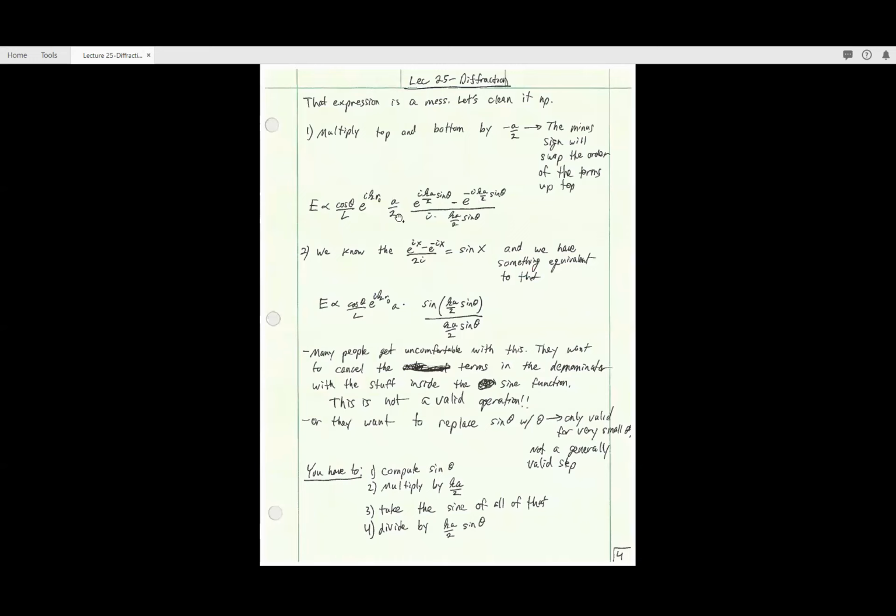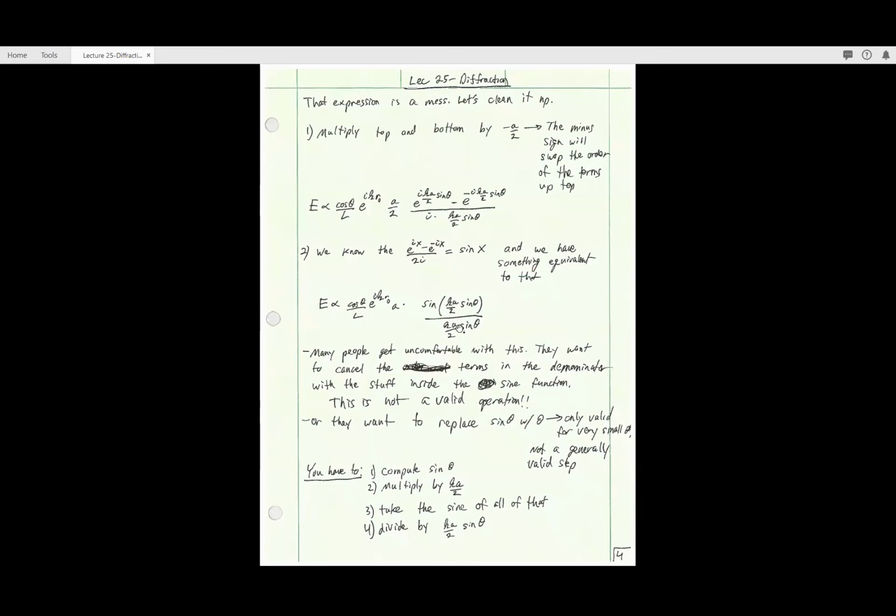And then we divide by 2i here and ka over 2 sine theta. And when we do that, we've now got e to the i something minus e to the minus i something over that something and over 2i. So we've got sine of ka over 2 sine theta divided by ka over 2 sine theta.